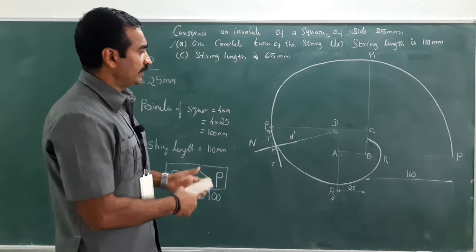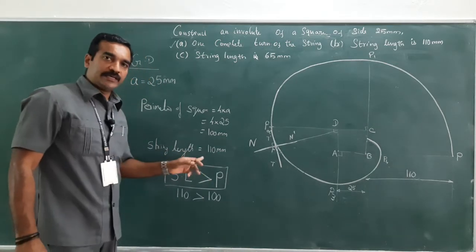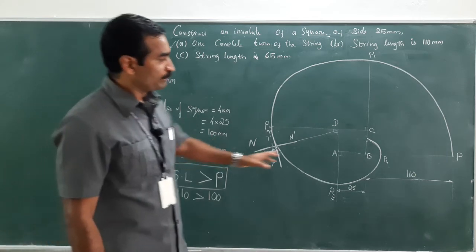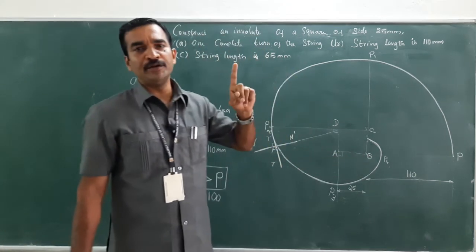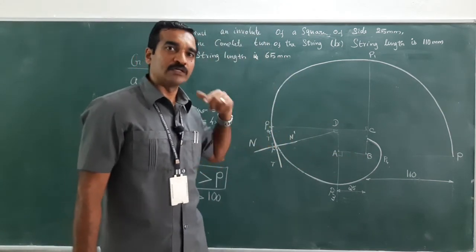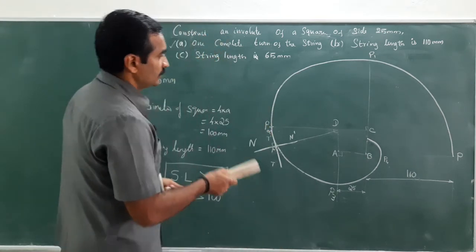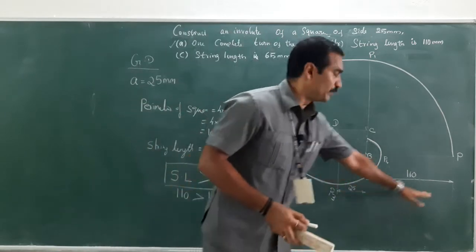Look here. Here the string length is more than the perimeter of the square. Therefore, it exceeds one complete turn or one complete winding, right? And the notes should be followed.